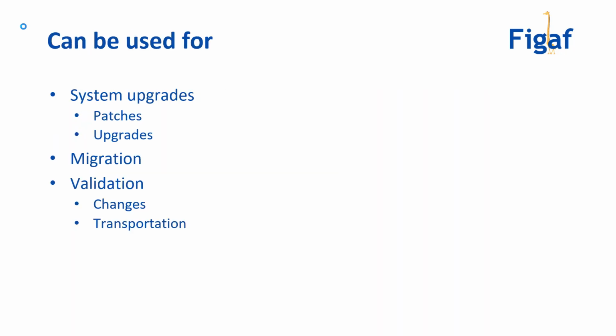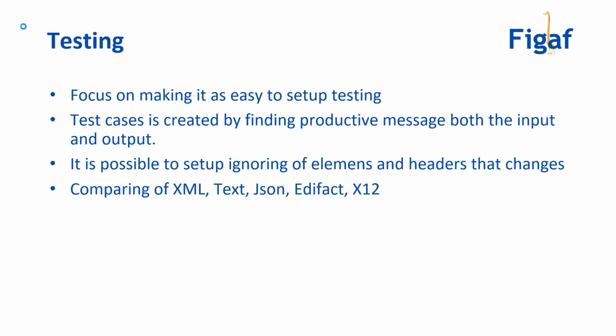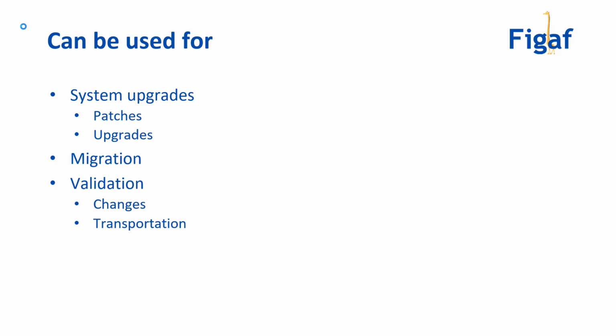So what can these tests be used for? Obviously you can use them for system updates. So if you have patches, if you have upgrades, you can use it for that. If you have a full set of test cases for all your different ICOs, you can run this. Once it's done, you would get a report that says, here's what you've run, here's the errors and the differences that you have.